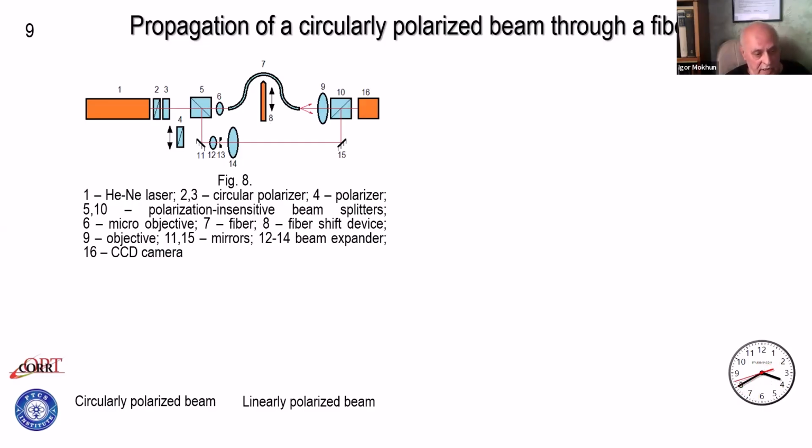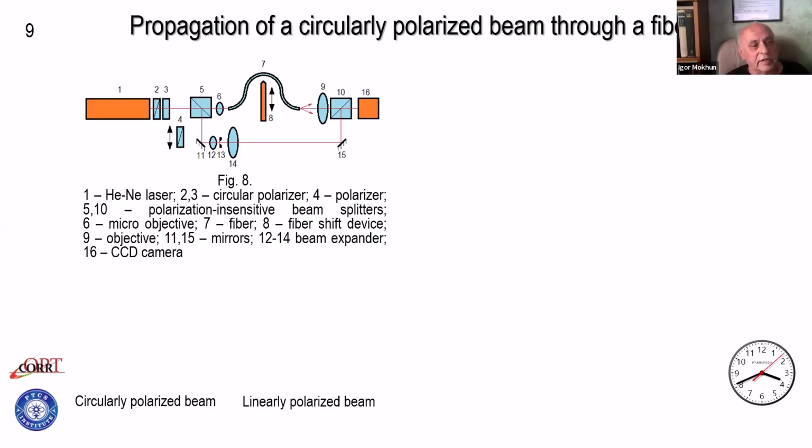Obviously, ideally, if a linearly polarized beam passes through a single mode fiber, then when the fiber is shifted, at the output of the arrangement the phase relationships in the beam should not change and the interference pattern should remain stationary.